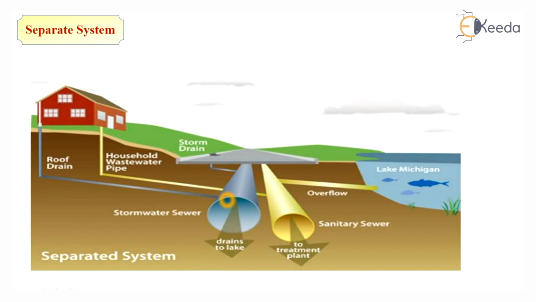The sewage from the first system is treated and discharged to natural stream, while the water from the second system is directly discharged to natural water bodies without any treatment.